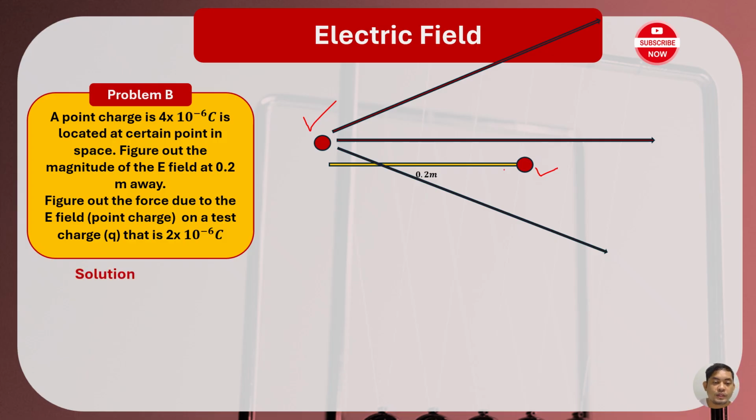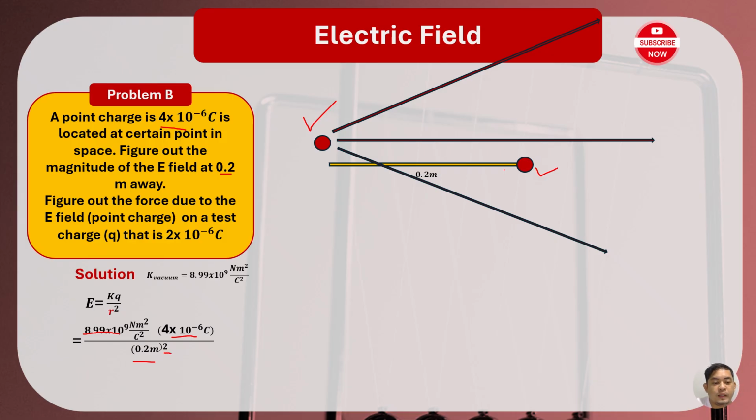So first and foremost, we will have to find the magnitude of the E field of this source charge or point charge. It's in the vacuum, so we will be using this constant here. Okay, the same formula, we'll substitute everything correctly. We have the value of K here, and the value of our point charge, which is positive, and we divide it by r, the distance, 0.02, and don't forget to square it.